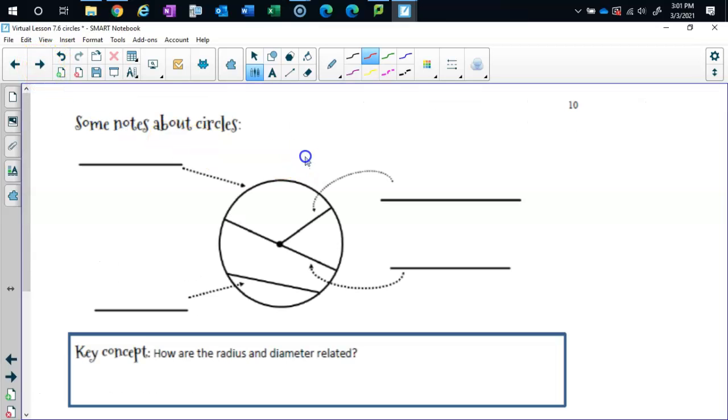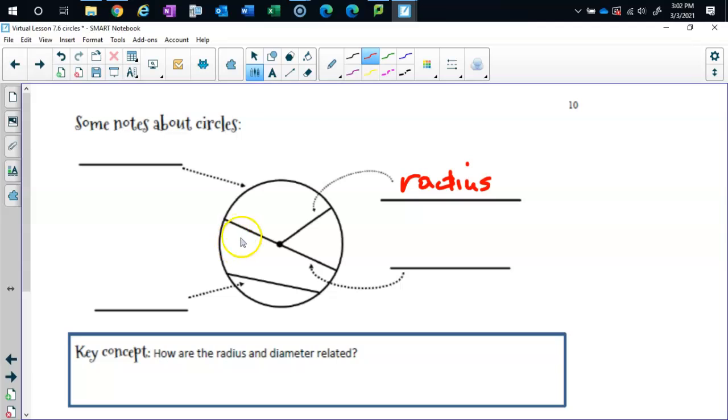All right, this is at the top of page 10 in your note packet. We are going to fill in the names of these parts. Some of them we already know. This line right here, from the center to the edge, is a radius. Okay, that's a radius.